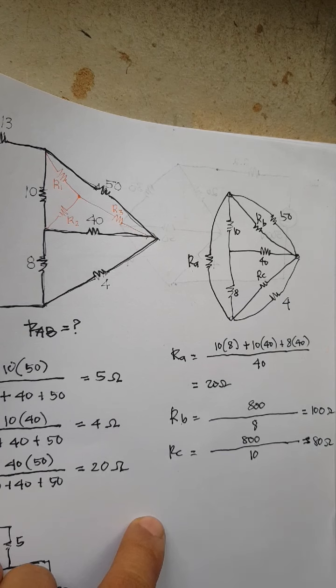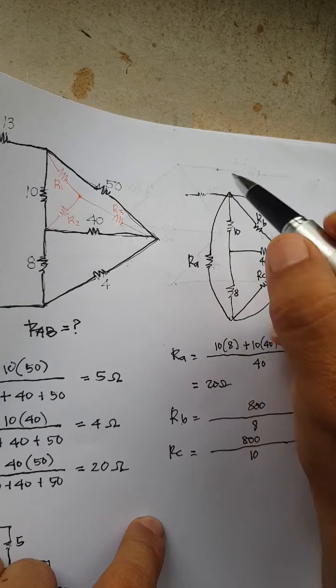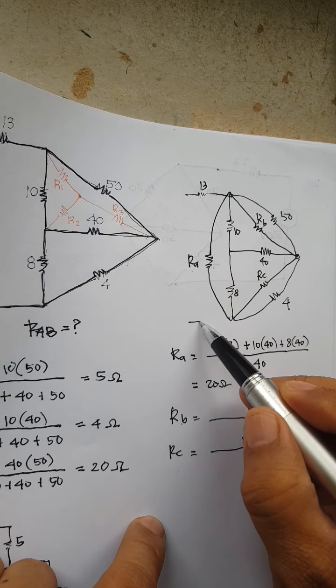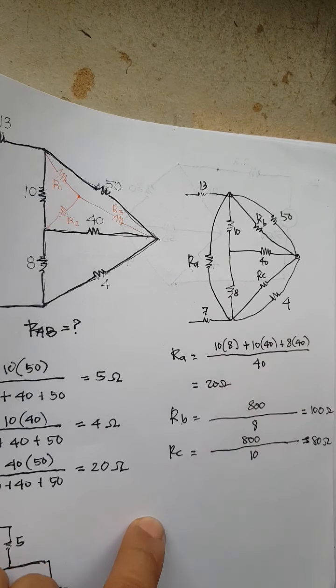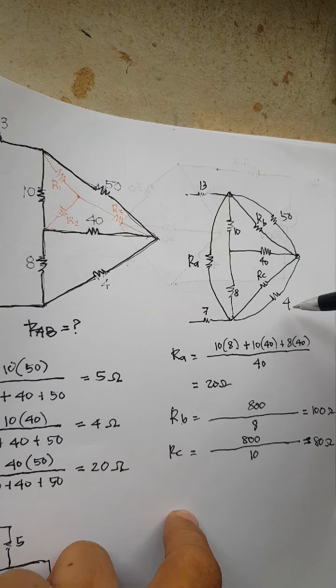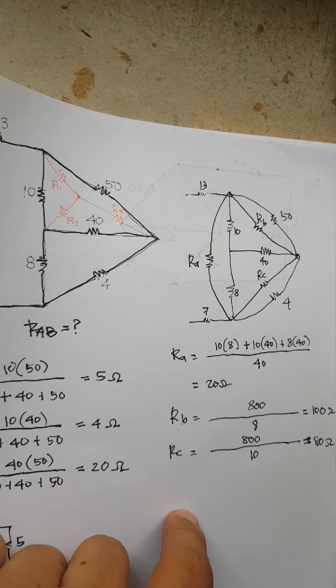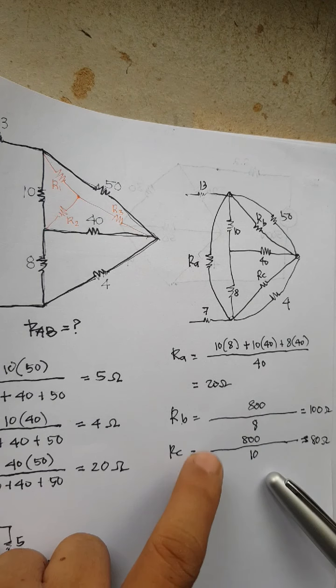Now, if we are going to connect our 13 here, this is our 13 and this is our 7. So we know that RB and our 50 are in parallel, and then RC and our 4 are also in parallel, and their combinations are in series. Therefore, RB and 50, RB is 100.